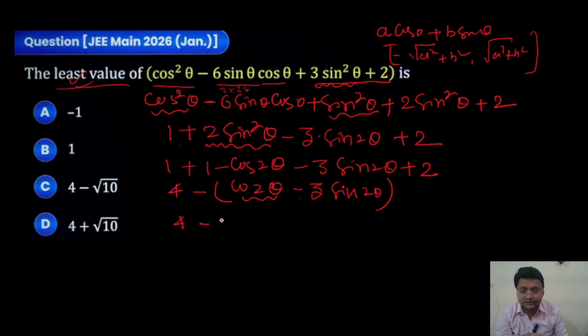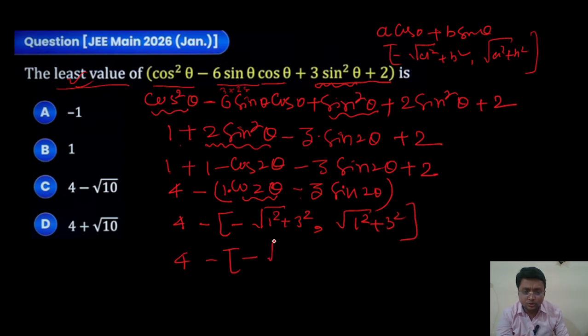So the coefficients here are 1 and 3. So 1 square plus 3 square, so 4 minus root under 10, and here it is 10.